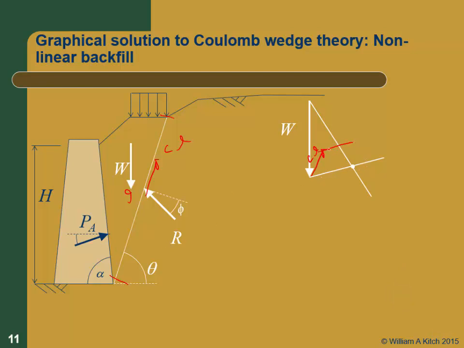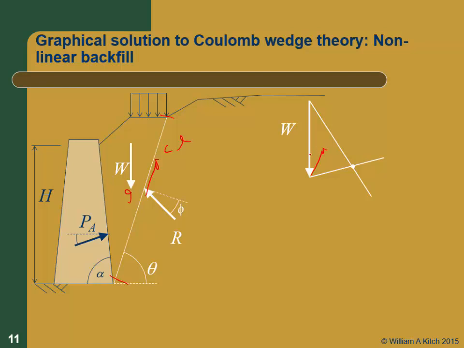PA is not going to be different. So now this is PA. And actually, the better way to do it, let me think about this now. No, I think you have to do it that way. Yeah, because you've got to have all the knowns. You're going to have to do it this way. It's going to be this way.